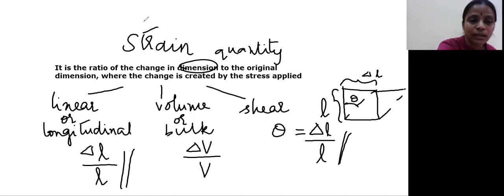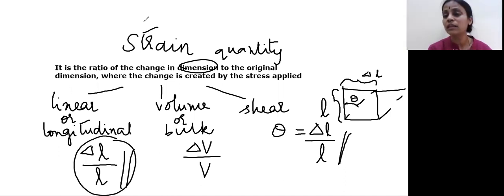In this case, del L is the increase or decrease in length to the original length, while in this case, this is going to be the displacement of the parallel face to the length to which it was perpendicular.